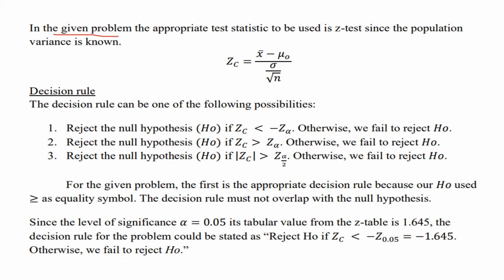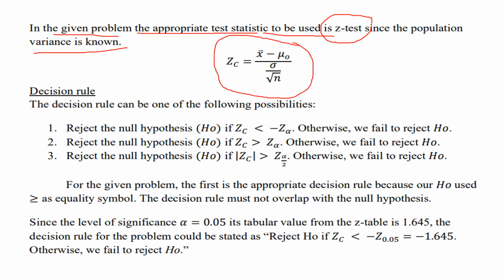In this given problem, the appropriate test statistic to be used is the Z-test because your population variance is known. So we simply use this formula wherein x bar is your sample mean minus mu sub 0, your hypothesized population mean, all over your population standard deviation sigma over the square root of n, your sample size.